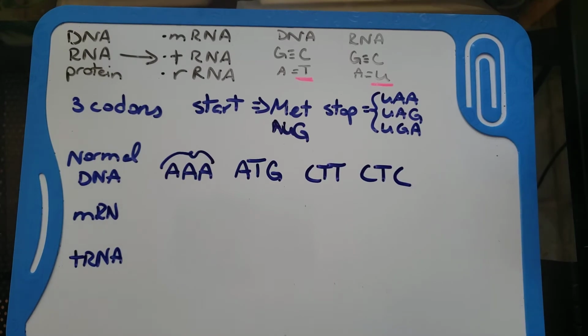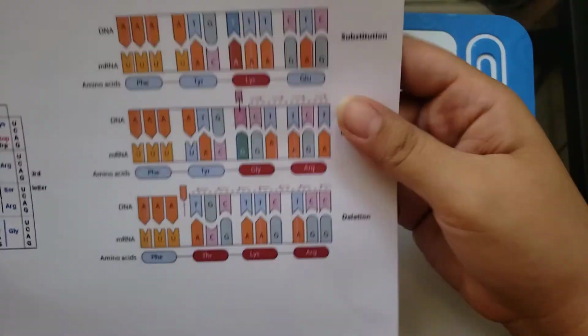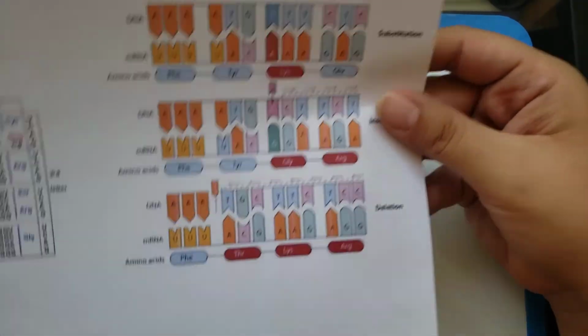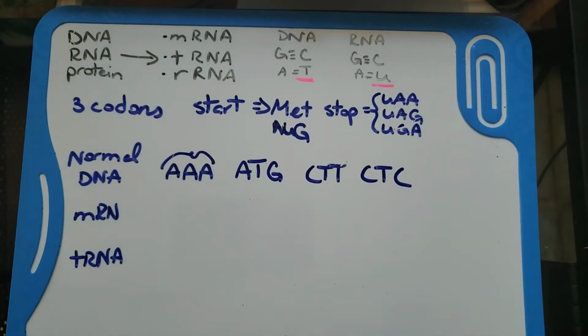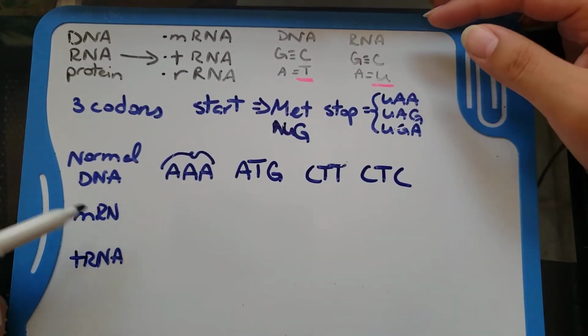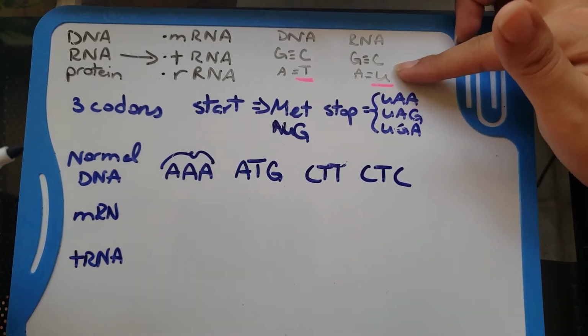All right. So when you're reading the normal DNA, I'm going to be following this that is in lecture 9. When you have normal DNA, the messenger RNA is always going to be the opposite of what it is attached to.